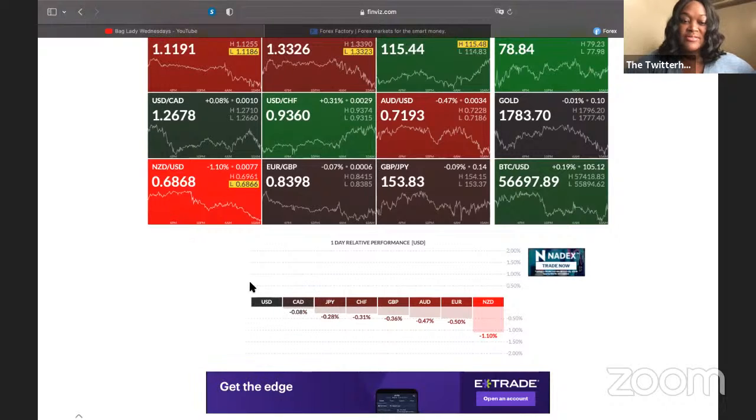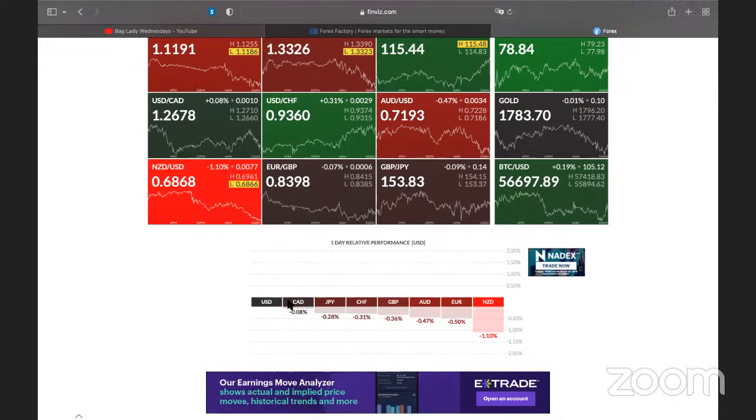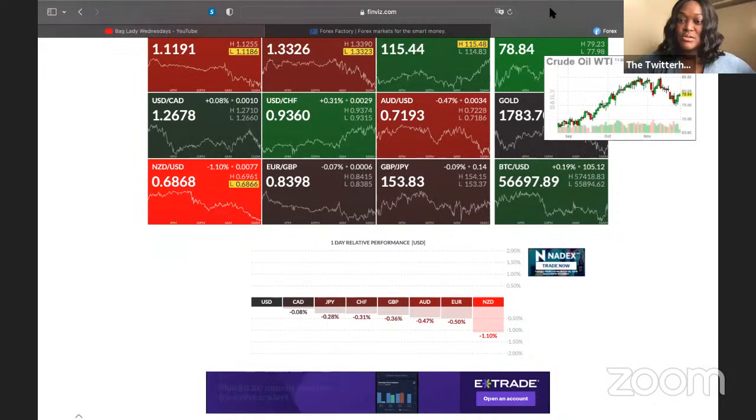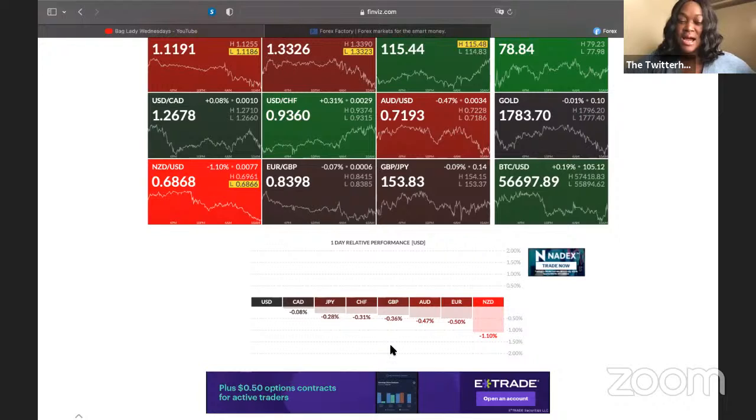To the left, we have the strongest currency. To the right, we have the weakest currency, and then everything in between, right? So right now, looking at this, I know that I want to analyze NZD USD, because that's great separation right there. So I'm going to look at NZD USD. I'm also going to look at Euro USD.